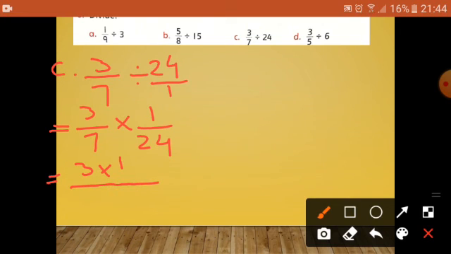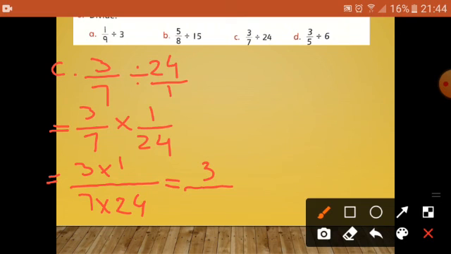Because after writing the fractions in proper fraction form and multiplication, what is the procedure for multiplication of two fractions? We multiply the numerators with each other and we multiply the denominators with each other. Okay, so 3 times 1 is 3, and 24 times 7.